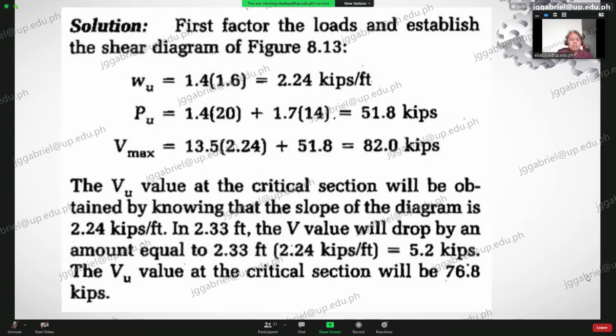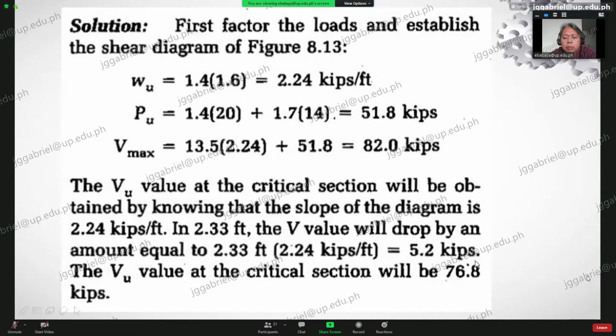Okay, it says the VU value at the critical section will be obtained by knowing that the slope of the diagram is 2.24 kips per foot. Ito yung computed natin, no? Na WU. Now it says in 2.33 feet, the V value will drop by an amount equal to 2.33 feet times 2.24, or 5.2 kips.